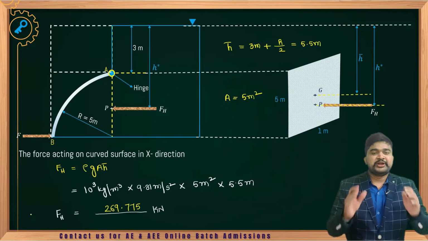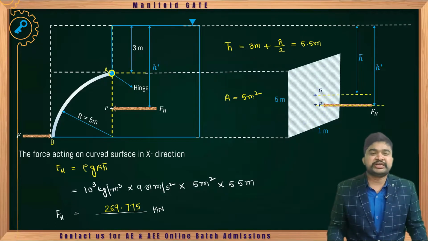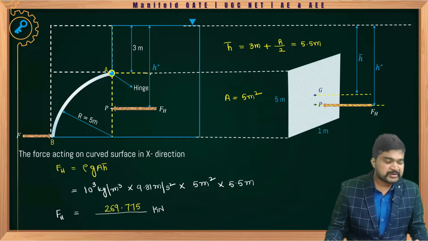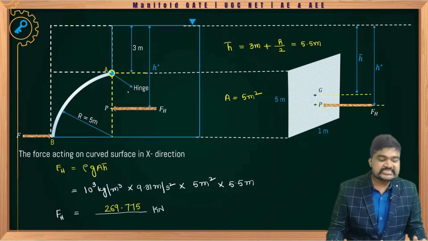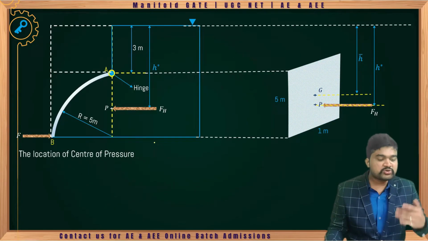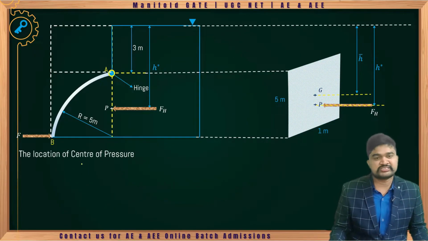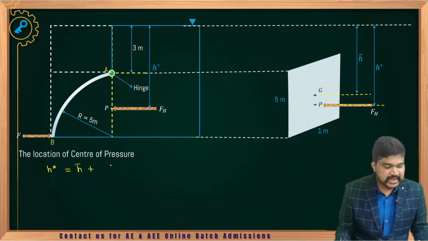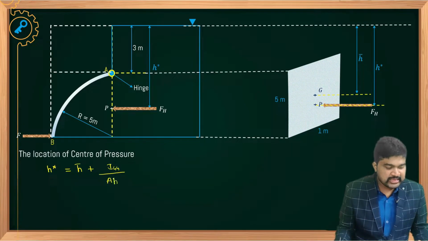Now we need to determine the location of center of pressure. Center of pressure P is at a distance h star from the free surface. Now, how to determine the location of center of pressure? h star equals h bar plus I_GG by A h bar.